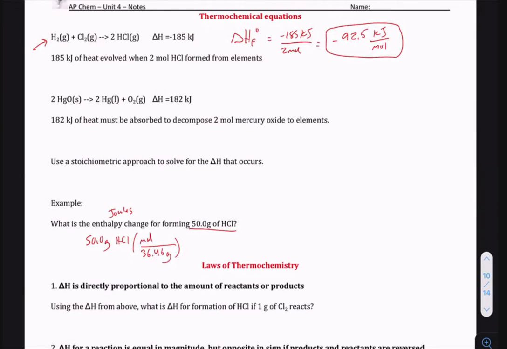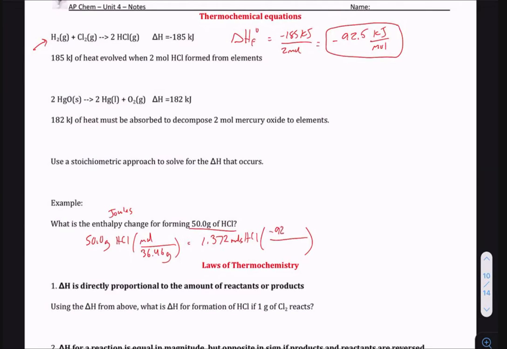Okay, so we got 1.372 moles of HCl, and we're forming the HCl, so we should use negative 92.